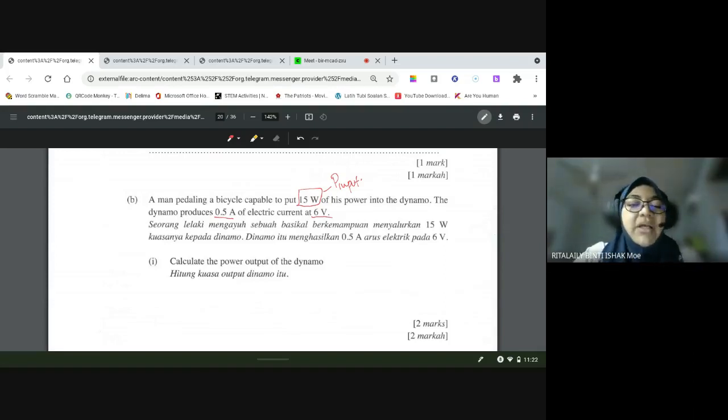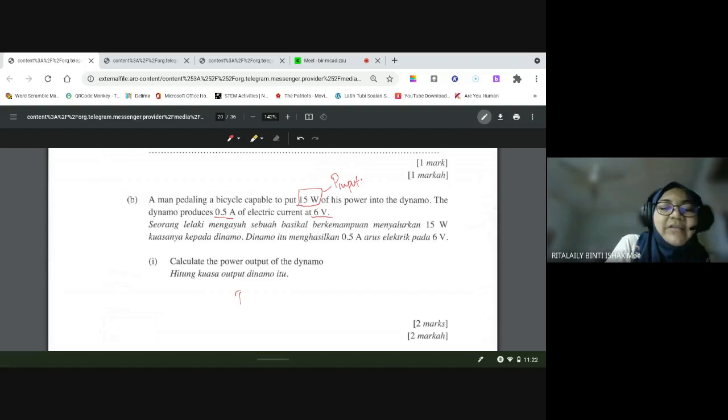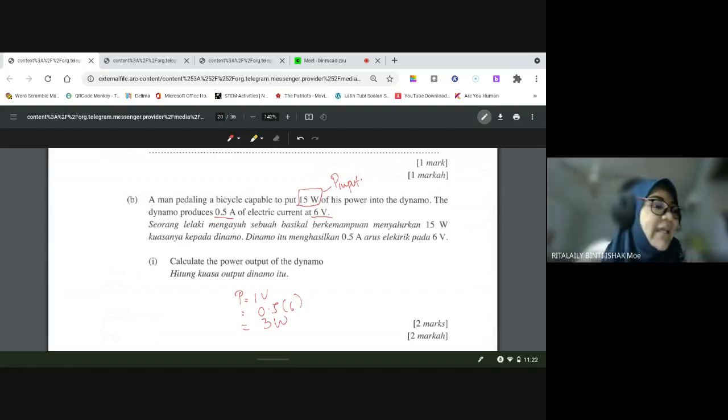So power output is produced by the dynamo. How do we calculate? P equals IV. Yes, P equals IV. So I is 0.5, V is 6. So you get 3 watt. Okay? Yes.